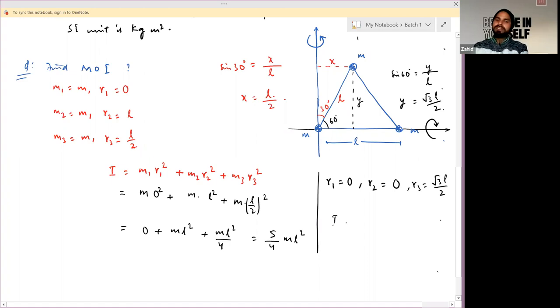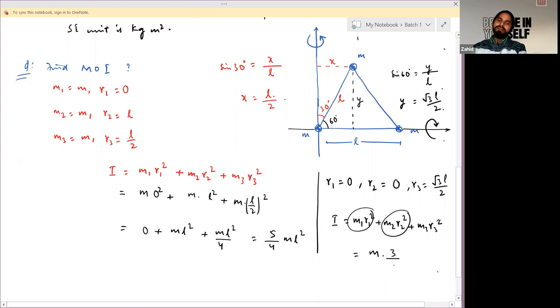So the moment of inertia for this axis will be M1 R1 square, M2 R2 square, M3 R3 square. The first two terms will be 0. M3 is M, R3 is root 3 L by 2.